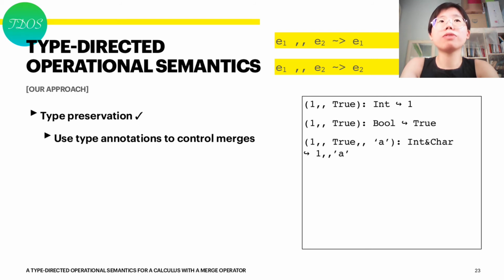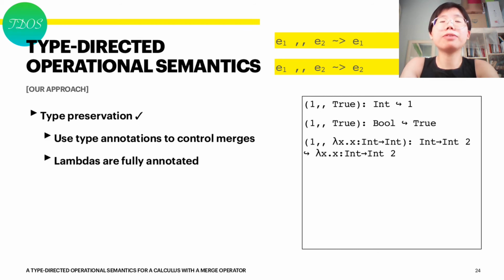While a merge of two values does not step when it stands alone. And lambdas are fully annotated, therefore no runtime type checking is required when dealing with functions of merges. As the right example shows, the right part of the merge is used in the application, and the previous ill-typed program is avoided now.